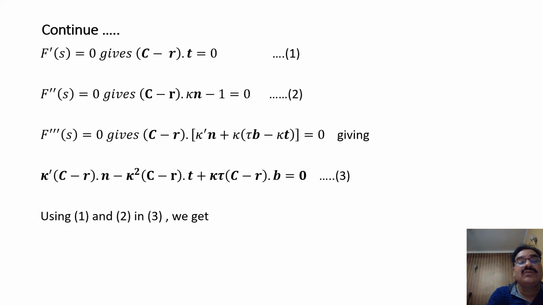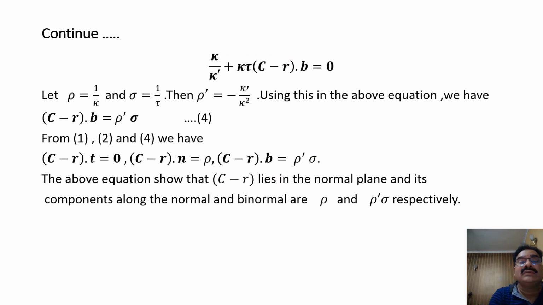Now the equations you will get after differentiation: f dash s is 0, this gives this equation; f double dash s is 0, this gives this equation; f triple dash s is equal to 0, this gives this equation. And then finally, by using the above equations 1, 2 and 3, you get this equation, that is k by k dash plus k t, c minus r dot b is equal to 0.